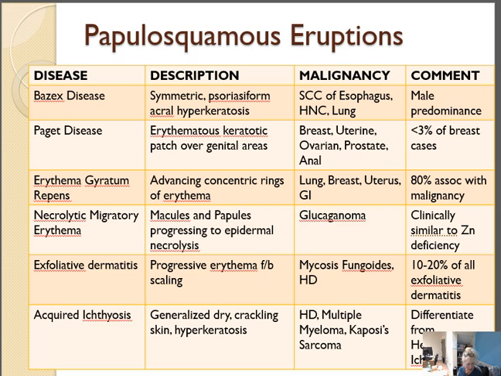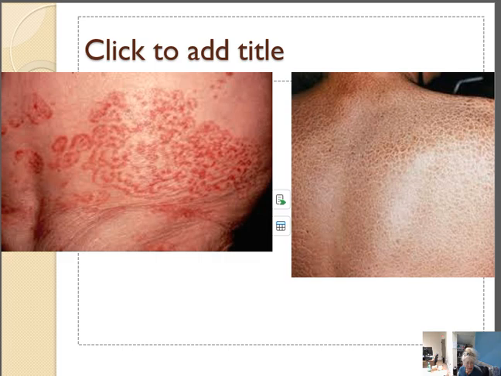This is very interesting. A lot of these diseases you really don't see here, but I would look at the necrolytic migratory erythema, which are macules and papules progressing to epidermal necrolysis, and you see these in glucagonomas, where too much glucagon is being produced.